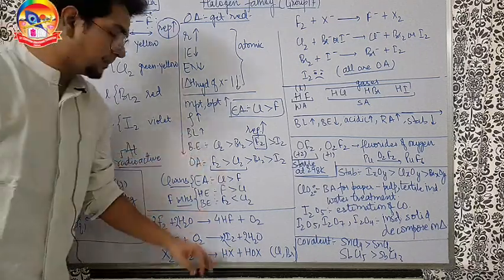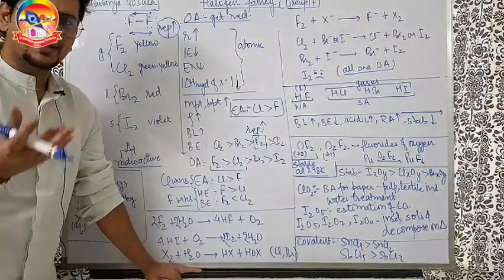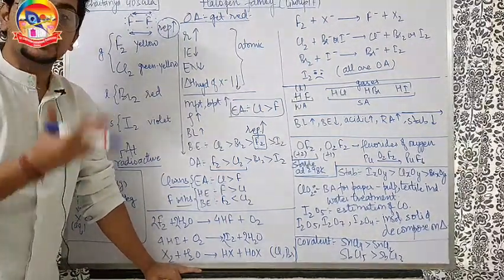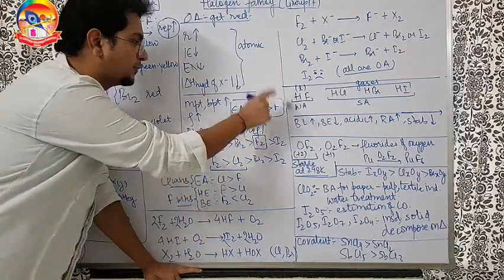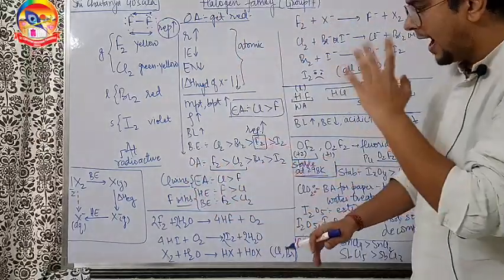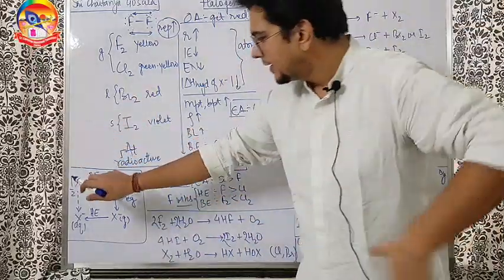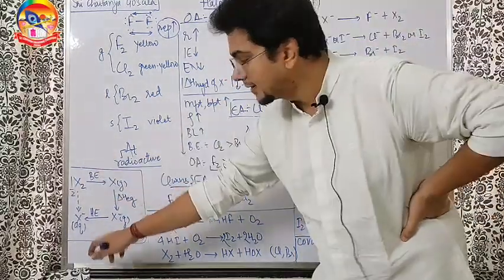Then why is fluorine the best oxidizing agent? Question is clear, I think. Oxidizing agent means getting reduced. Getting reduced means taking electron. And we know that love for the electron of chlorine is more than fluorine. Then why is fluorine the best oxidizing agent and not chlorine? Answer is very simple. Look, if X2 has to become X minus aqueous, it does not happen simply like this.